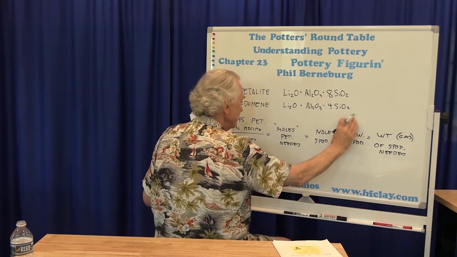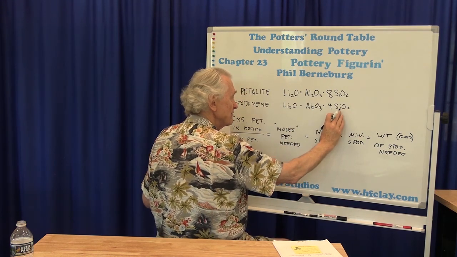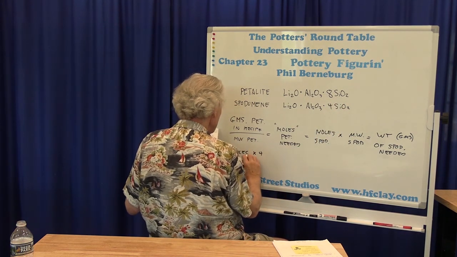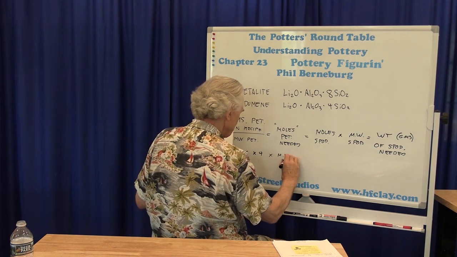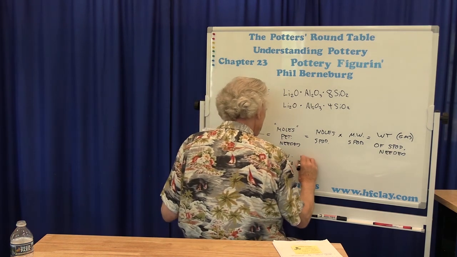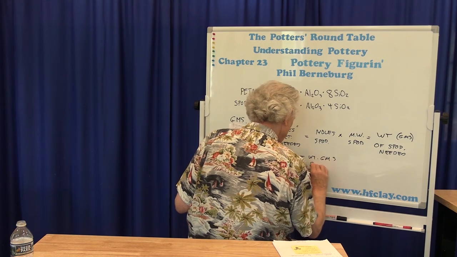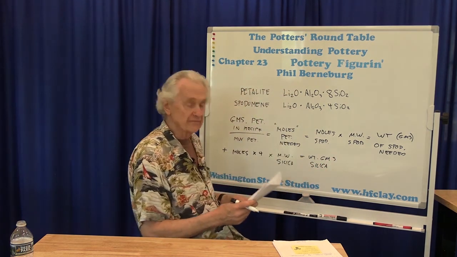So for each one of these, I need 4 more of those. Okay? Because I'm missing 4. Instead of getting 8, I'm only getting 4. So I multiply the number of moles times 4 times the molecular weight of silica, and that gives me the weight in grams of silica that I need to add.